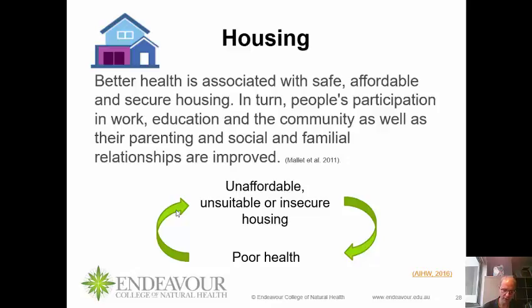So the relationship's two-way, so that poor health can lead to precarious housing. And single parents and single people generally, young women and their children, and older private renters are particularly vulnerable to precarious housing. And precarious housing can lead to poorer health outcomes.